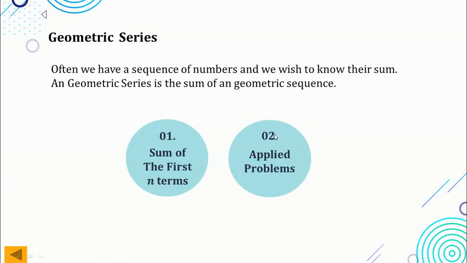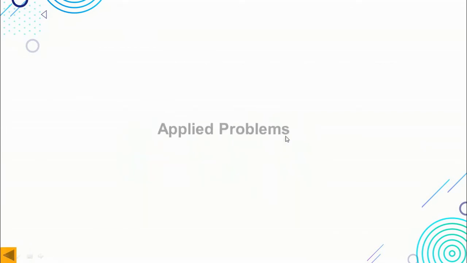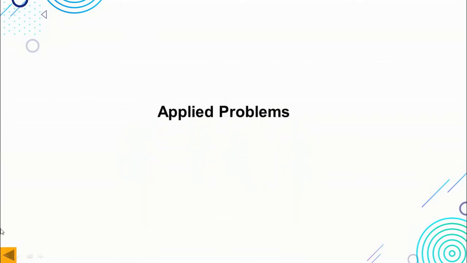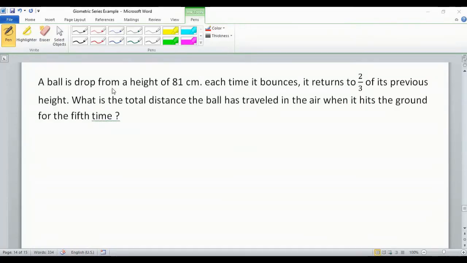Okay, now we continue to the apply problems. Example of an apply problem: a ball is dropped from a height of 81 centimeters. Each time it bounces, it returns to 2/3 of its previous height.